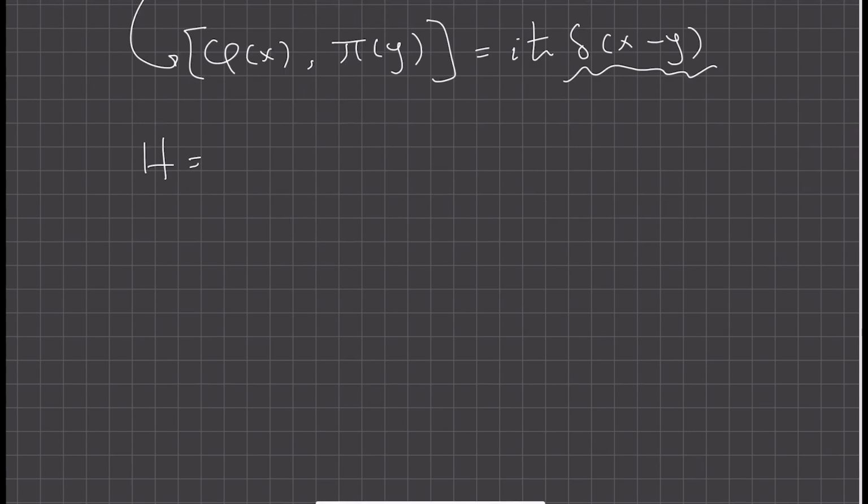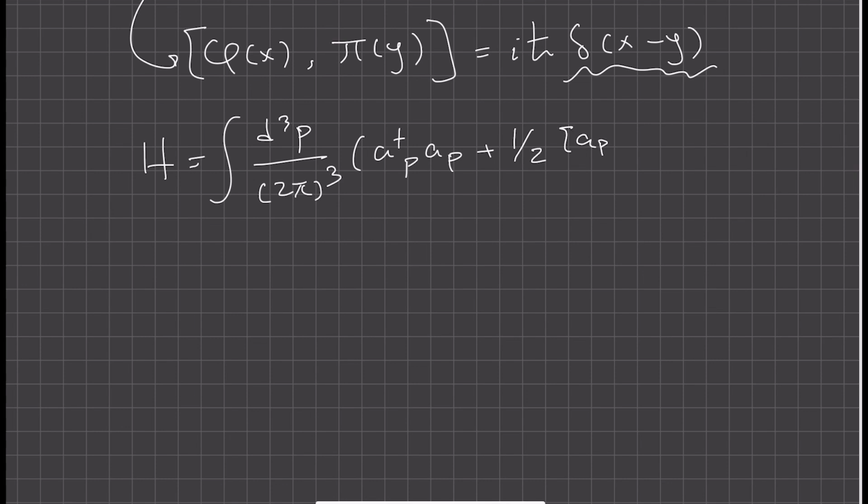So the Hamiltonian can be expressed as the integral over all possible momentum, d^3p over (2 pi)^3, of a dagger_p a_p plus 1/2 the commutator algebra of a_p and a dagger_p, which can be seen as again the unitary operator. But now we are going to see what's the difference between the simple harmonic oscillator and the field: now we have this integral.